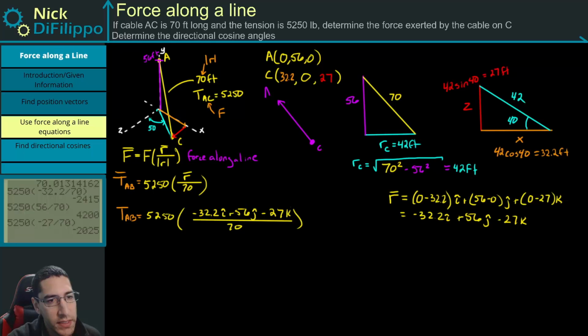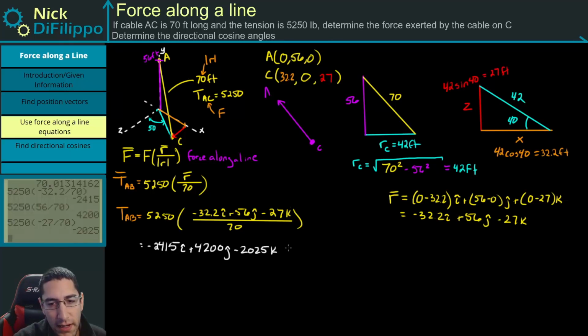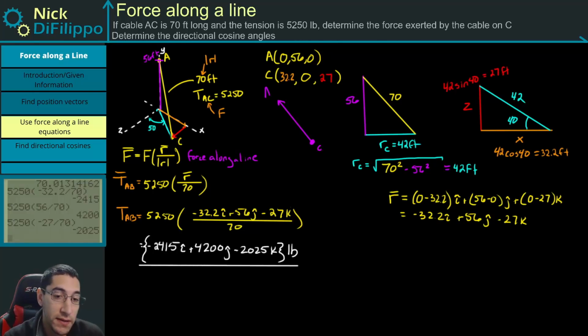So this calculation becomes, this is equal to minus 2,415 I plus 4,200 J minus 2,025 K. And this is going to have a unit of pounds. So this is the force that the cable exerts on point C.